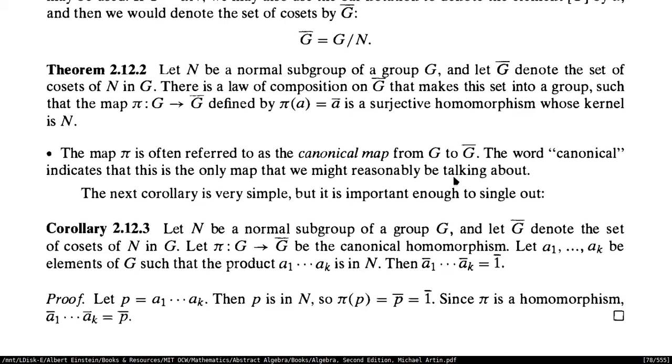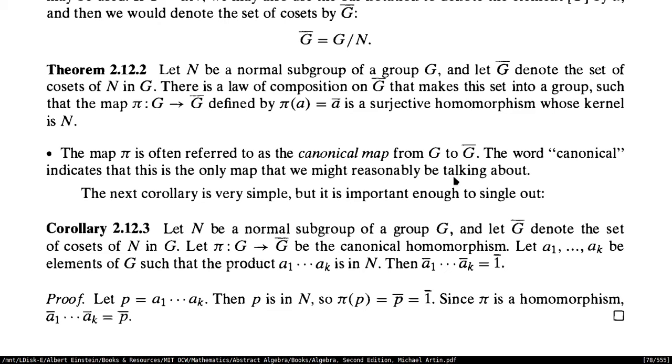Then you can include the canonical map by saying that the product pi of A times pi of B is equal to pi of AB, because products work very smoothly with the cosets by our definition, of course.